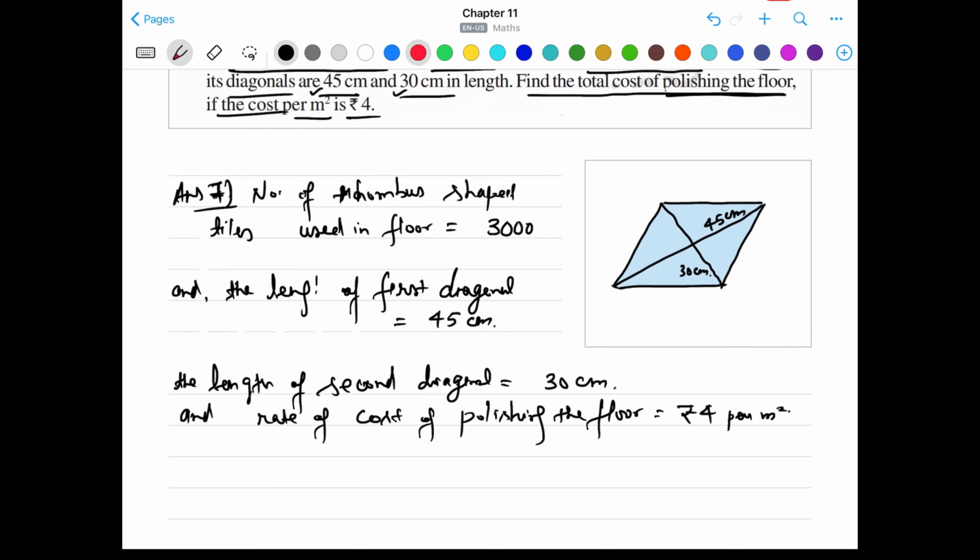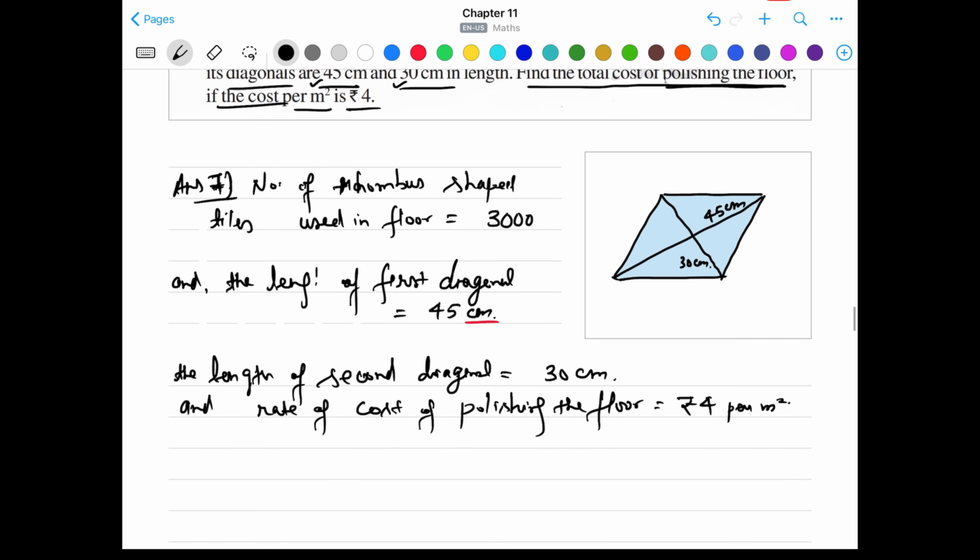Okay, now one thing that you have to notice here is that the rate of cost is given in meter square, while the measurement of the diagonals are given in centimeter. So first thing that we have to do is convert all the units into the same one, either meter square into centimeter or centimeter into meter. So we are going to convert centimeter to meter.